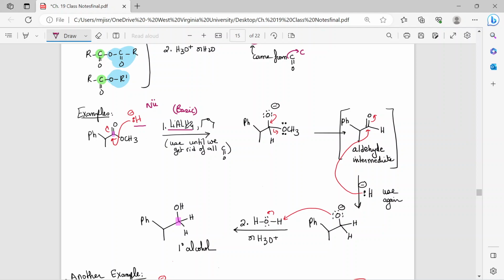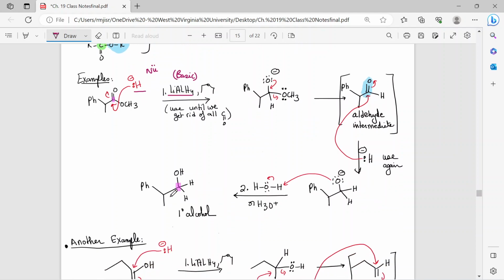So it's going to keep reacting as long as you have a carbonyl in your solution. So now it's going to react again, attack the carbon of the carbonyl, form a negative charge, and then the oxygen gets protonated and you get your primary alcohol.